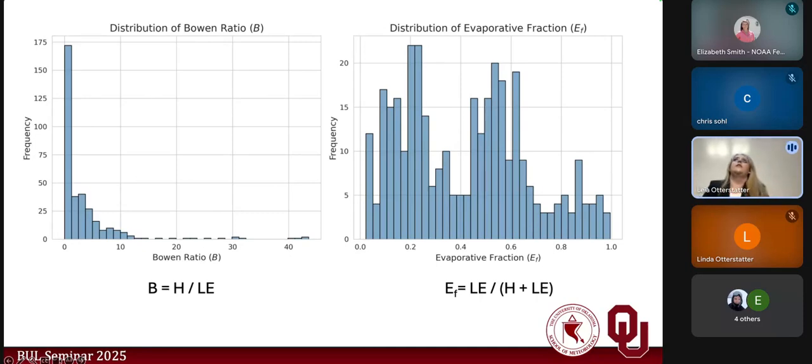So we use this because it is more constrained. Instead of going from 0 to infinity, it goes from 0 to 1. So you are able to visualize and see the data a lot clearer. And as it is closer to 0, sensible heat dominates. And as you get closer to 1, latent heat begins to dominate over here. And we'll get into that more later.